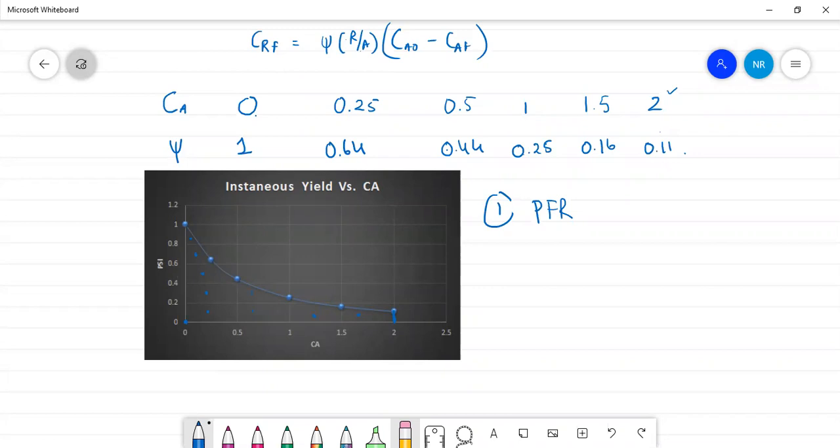One minute. 0, 1, 2. Okay, no, it's okay. So 0 to 2. So how many boxes? It's nearly... let me check again. Okay, 6.75. Okay, let's take 6.75 boxes.